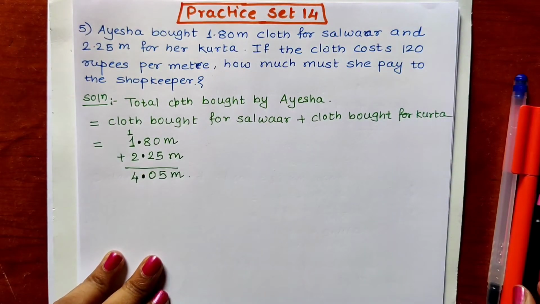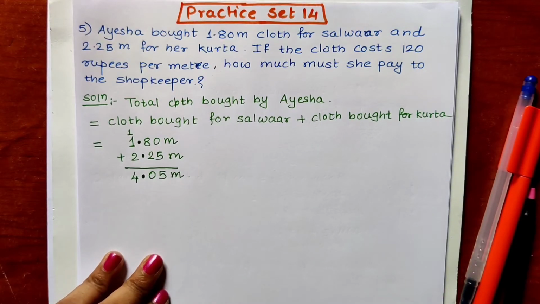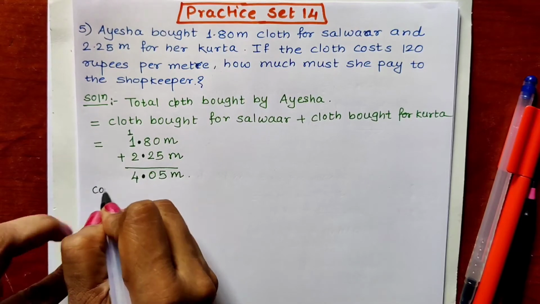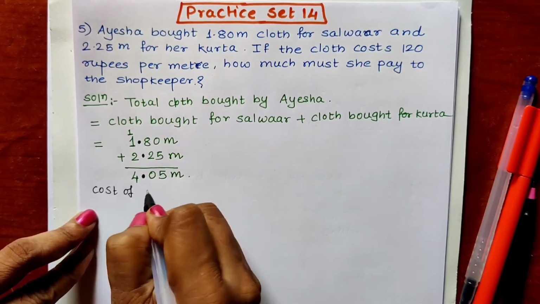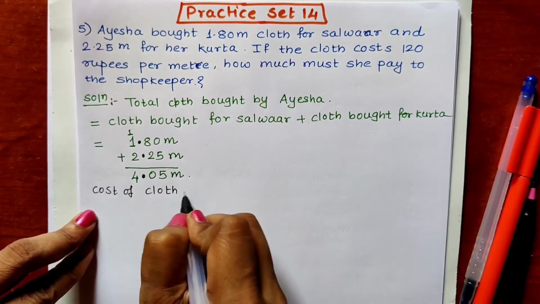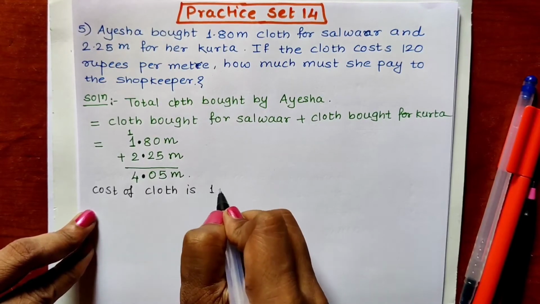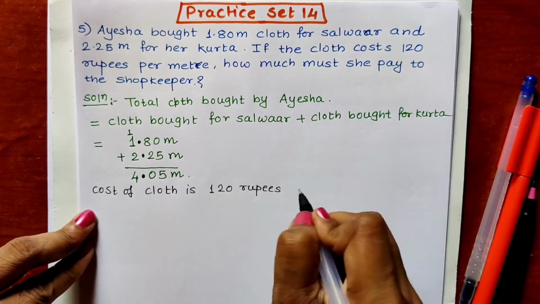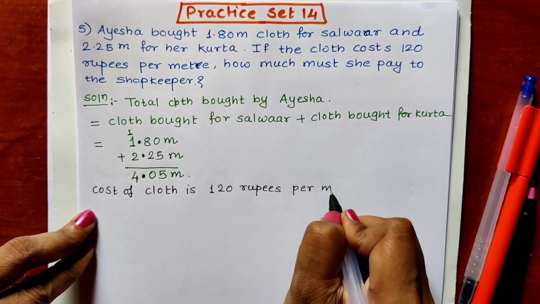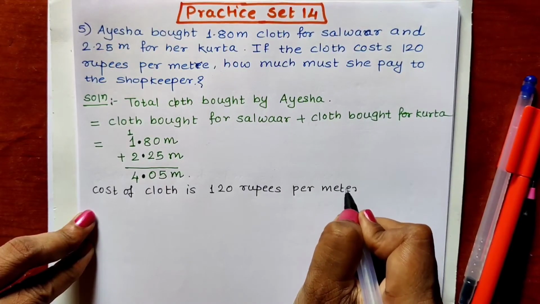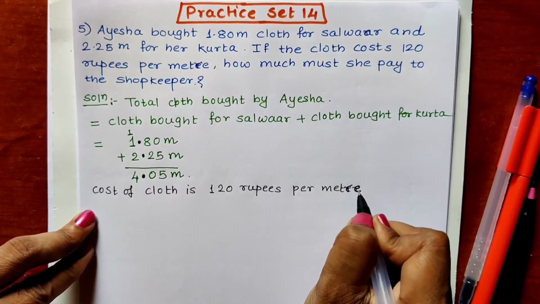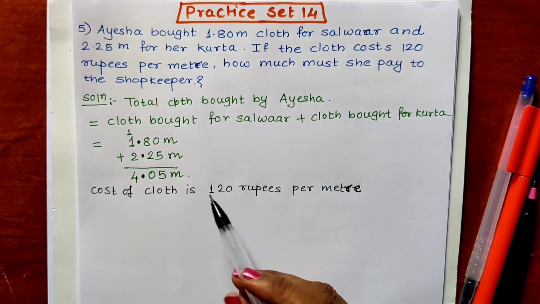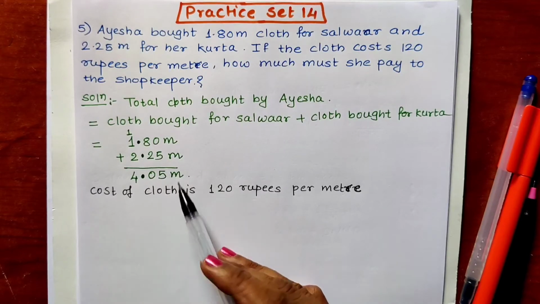So we write here cost of cloth is 120 rupees per meter. What is the meaning of 120 rupees per meter? That means for 1 meter the cost is 120 rupees and she has brought 4.05 meter of cloth.